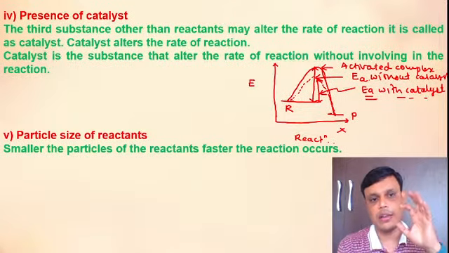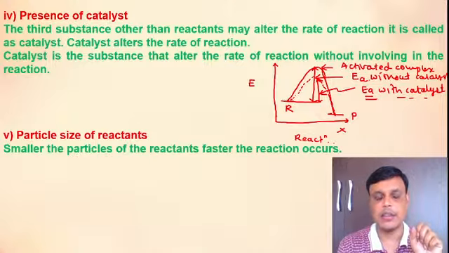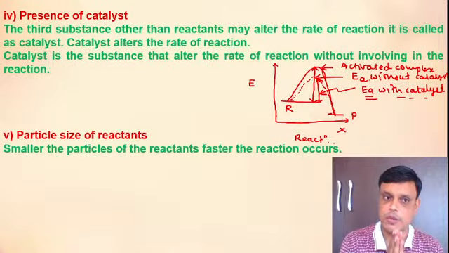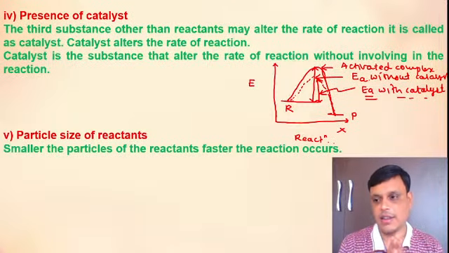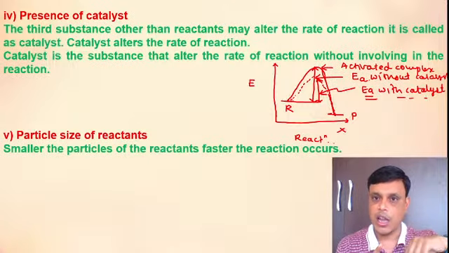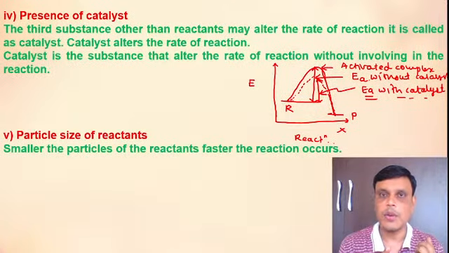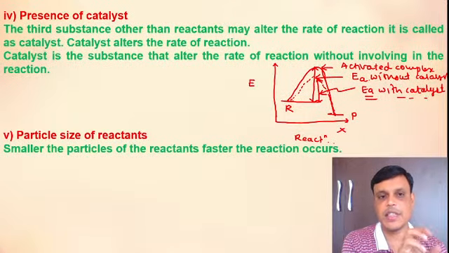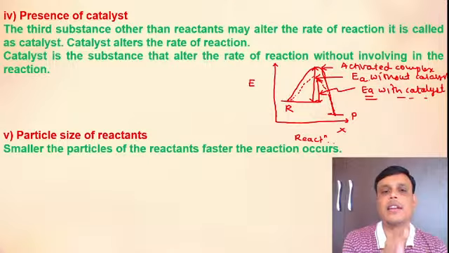If the particles of the solid are smaller, then the rate of reaction is higher. Why? Because the smaller the particle, the higher the surface area, and if the surface area is higher, then the rate of reaction is also faster.